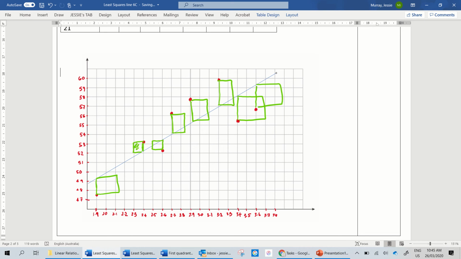So it's saying about these areas, what is the smallest possible total area you could have, and that's the most accurate line of best fit, okay? The one that has the smallest area. I like to put it more plainly and just think about those vertical distances rather than the area itself. It's the same idea. So where can I put that line so that all those distances are their smallest? And that's what this is.